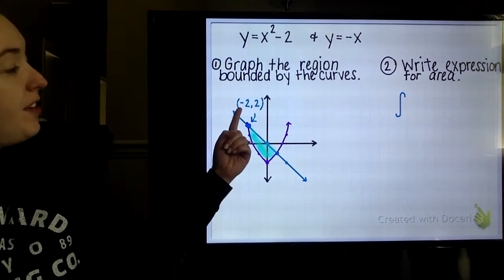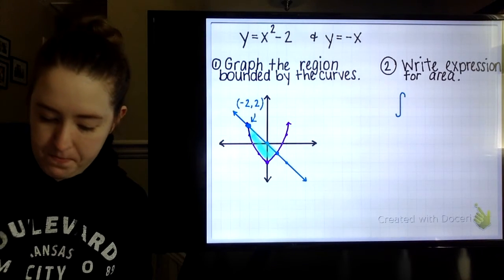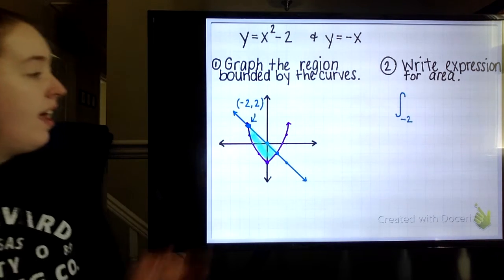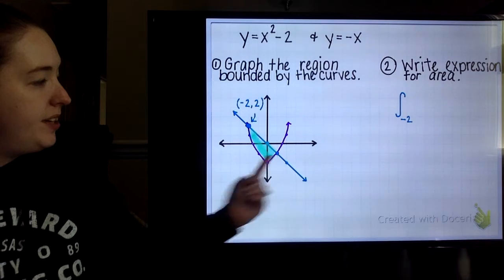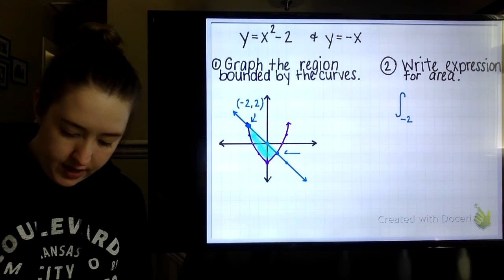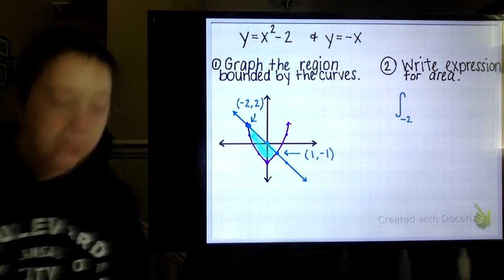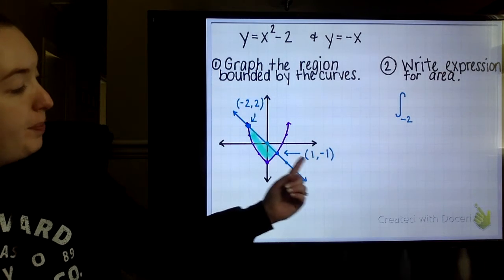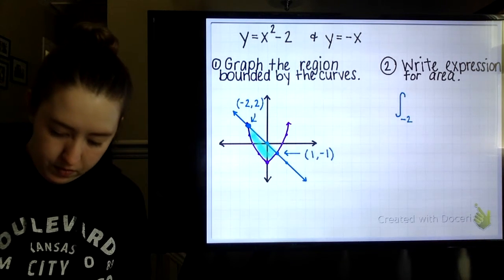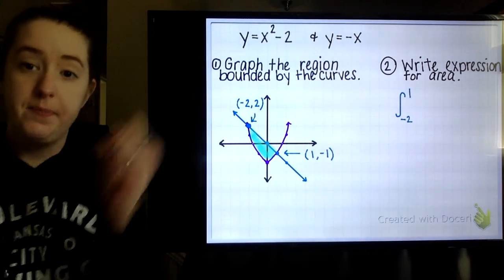So that means that my first x value is at negative 2, so that's a. And then I have values all the way till b. That's over here at 1, negative 1. So my b value then has to be 1. So I want the integral from negative 2 to 1.